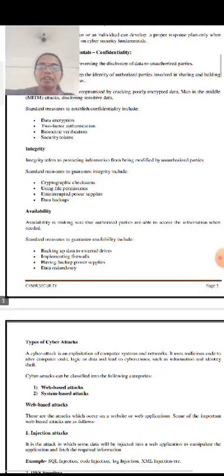Integrity refers to protecting information from being modified by unauthorized parties. Standard measures for integrity include cryptographic checksums, using file permissions, uninterruptible power supplies, and data backups. So these are the standard measures to guarantee integrity.